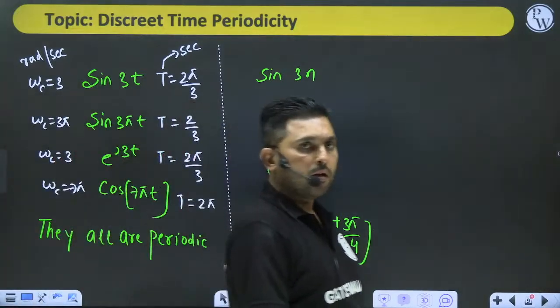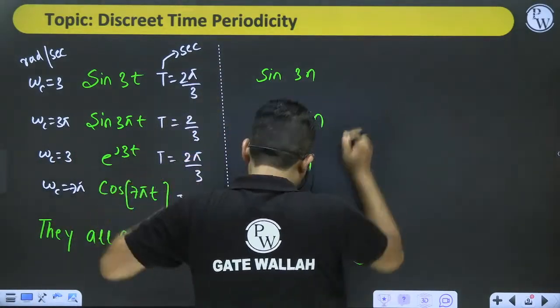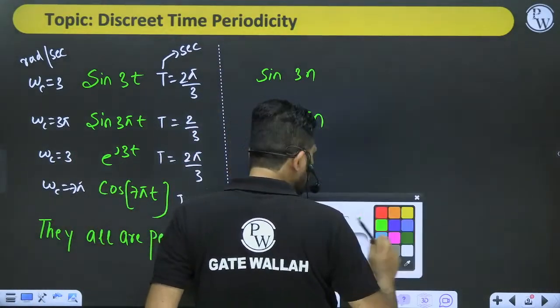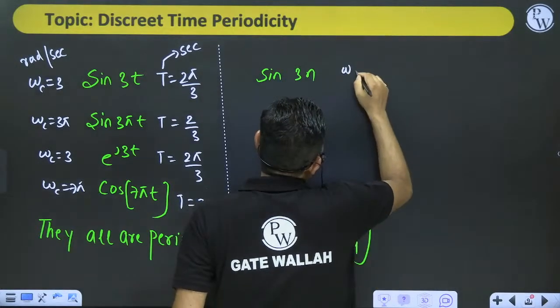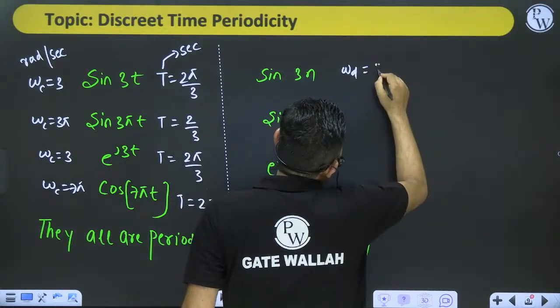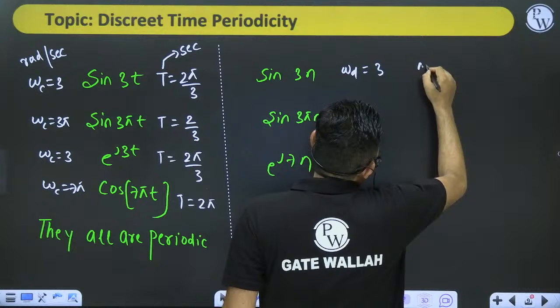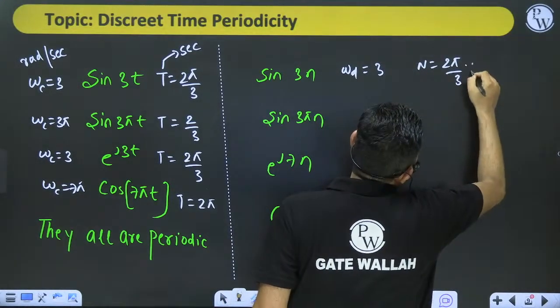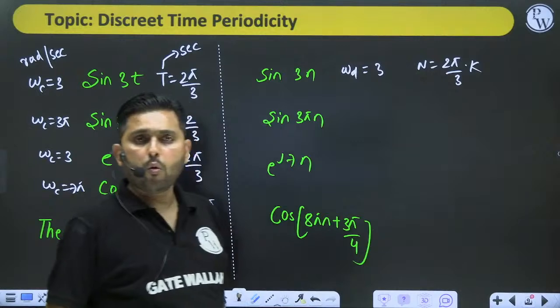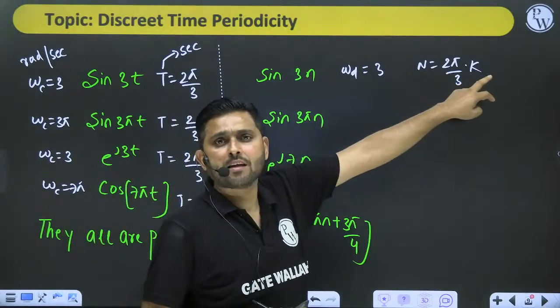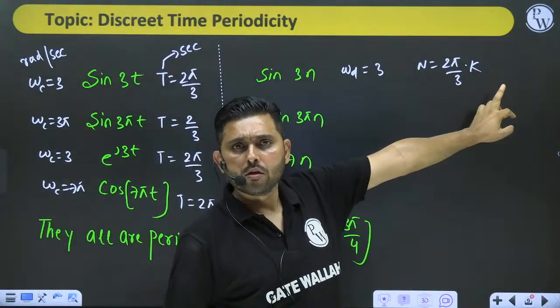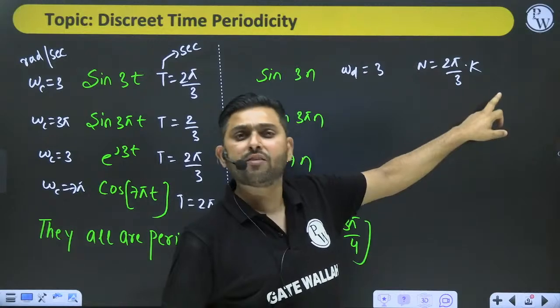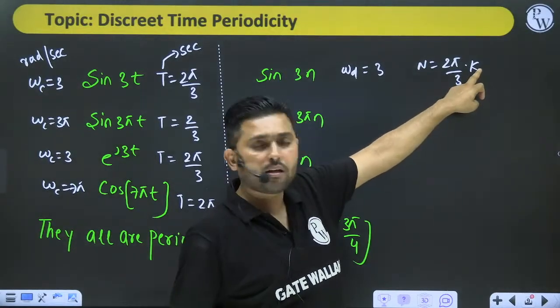The omega d here is 3. So n is 2 pi by 3 into k. Now, what is the value of n I am allowed to choose? I am allowed to choose only integer values of k.